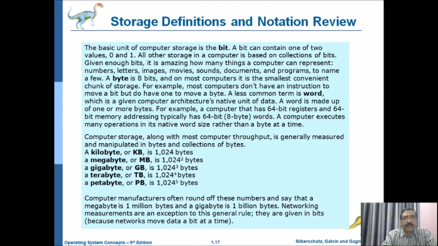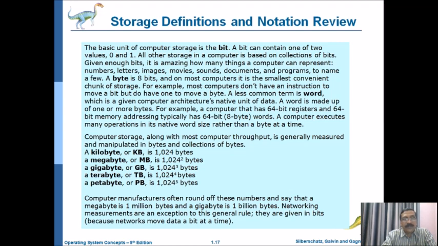Now, some storage notations and definitions are explained here. These are all familiar to you. I am assuming that you all know about the bit, byte, kilobyte, megabyte, terabyte and petabyte.